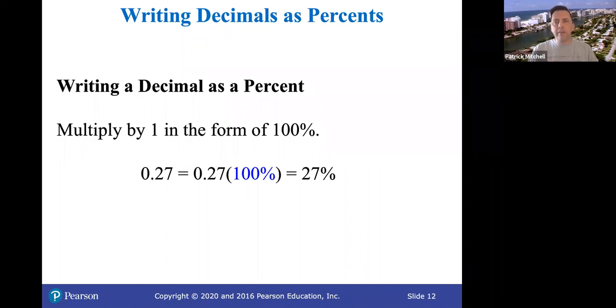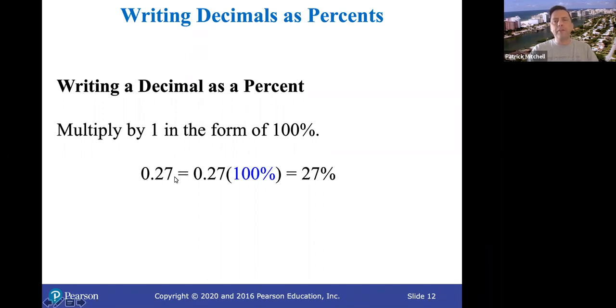So we're starting with something that does not have a percent sign, and we need to pick up the percent sign. So the way that you do that, no matter whether you're writing a decimal or a fraction as a percent, is to multiply by 1 in the form of 100%. 100% is another name for 1. It means 100 per 100, so that would be 1 whole.